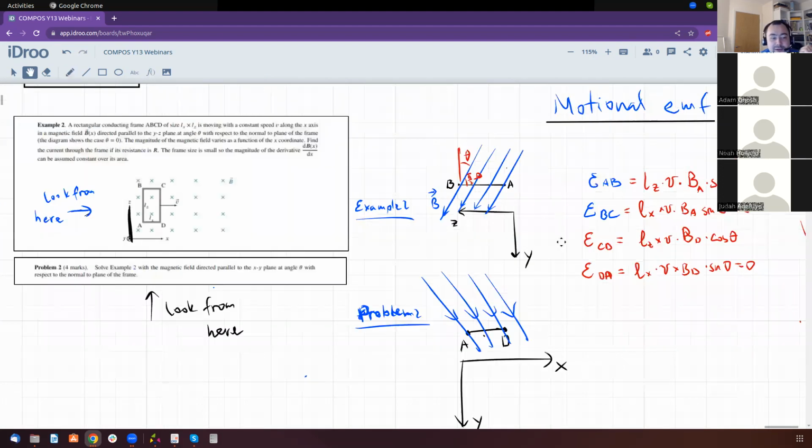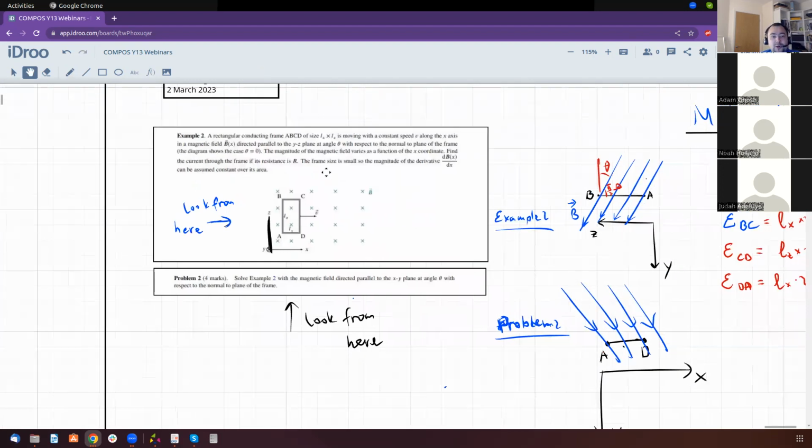Right, so let's have a look. What's going on with the field? You can see that the field here, the lines are closer, and as you go further, the lines get further apart.